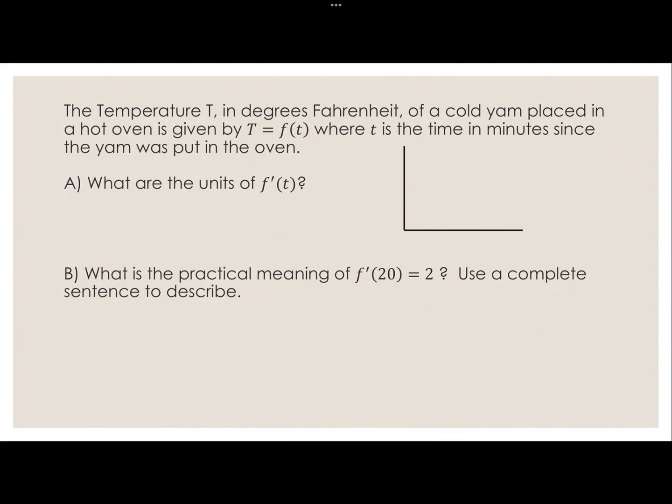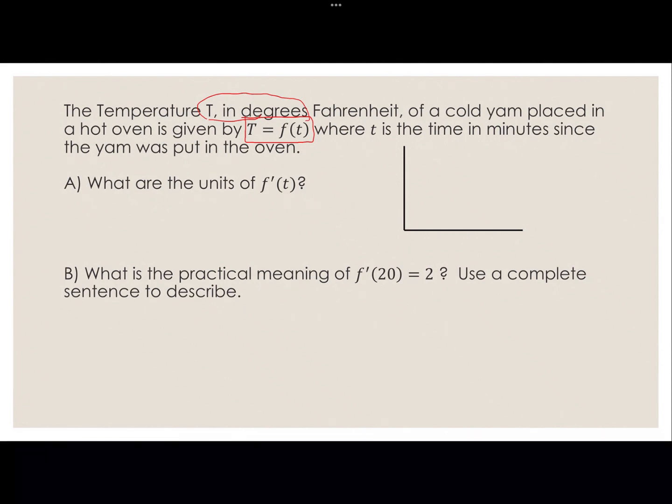Looking at a new problem, the temperature, big T, in degrees Fahrenheit of a cold yam placed in a hot oven is given by big T equals f of little t, where little t is the time in minutes since the yam was put in the oven. So we want to analyze the units of big T and little t.